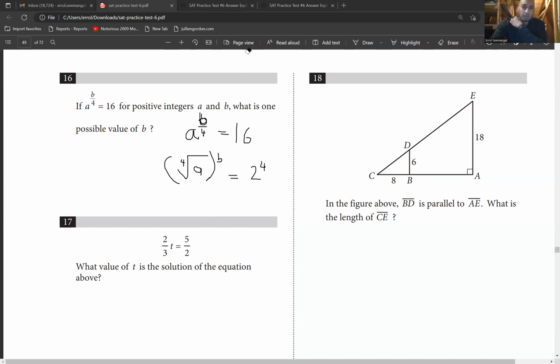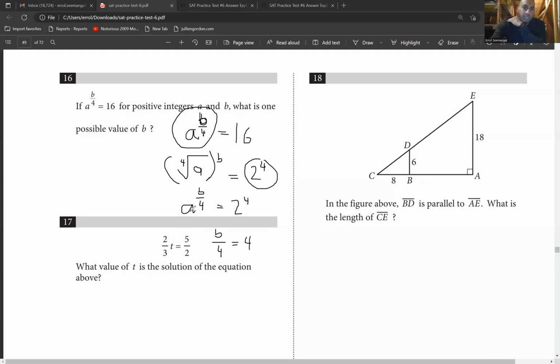Because 2 to the 4th power is 16. So you're saying let those two equal each other? Yeah, A to the B over 4 equals 2 to the 4. Now we have to just get B over 4 to equal 4.